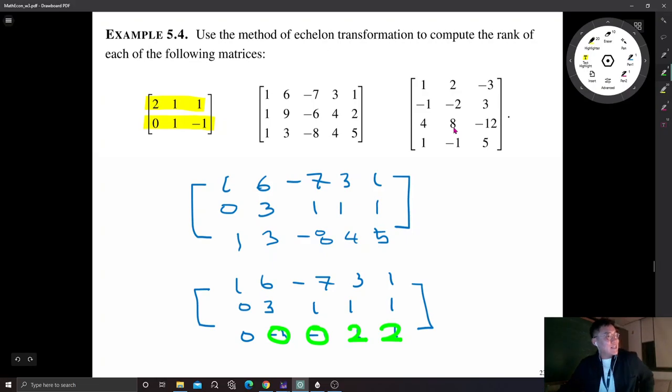So in this video, we studied how to determine the rank using the echelon transformation, and the rank plays a very important role in the future, when we determine whether a system of linear equations is solvable using the inverse matrix or not. So that is very important, and I highly encourage you to do many exercises for this one.